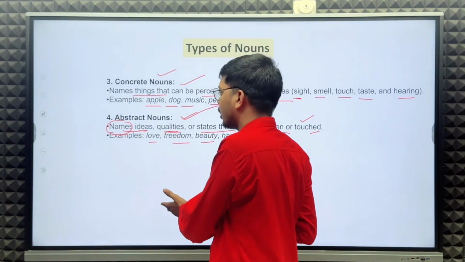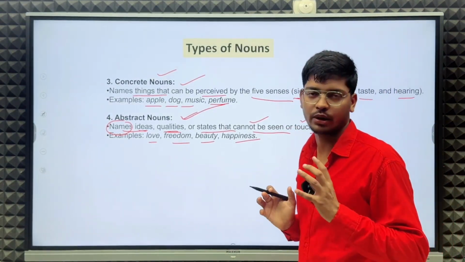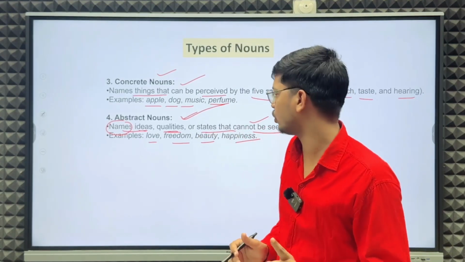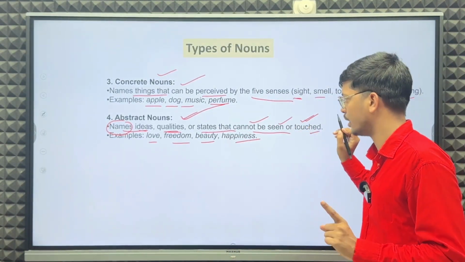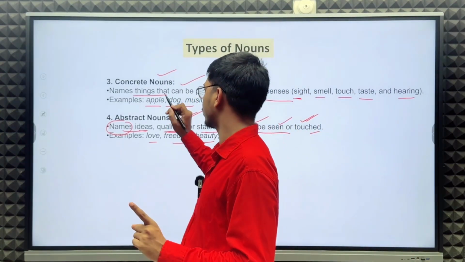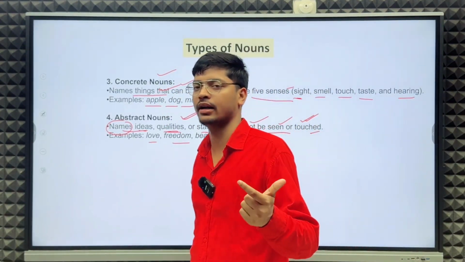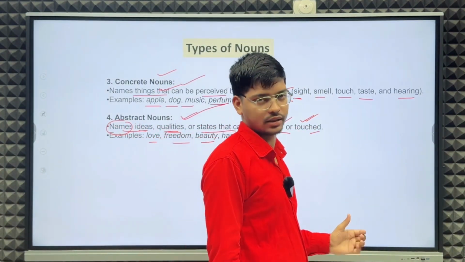They are all abstract nouns. I hope you understand. Abstract nouns are things we cannot see or touch, while concrete nouns name things that can be perceived by the five senses, like sight, smell, taste, hearing and so on.